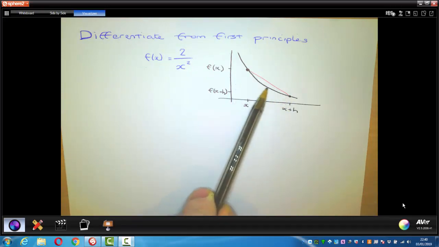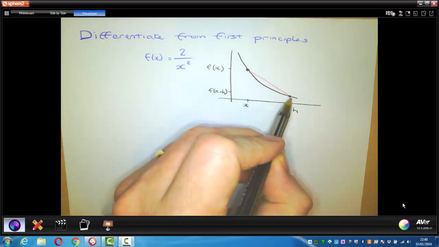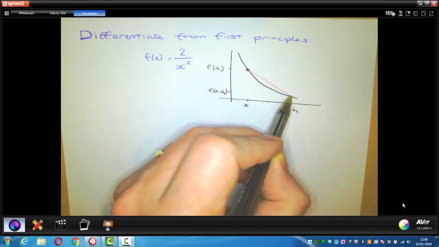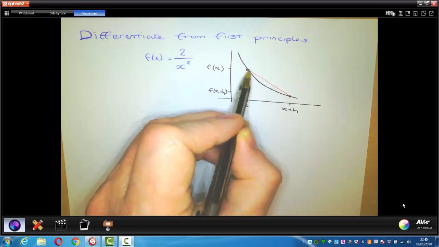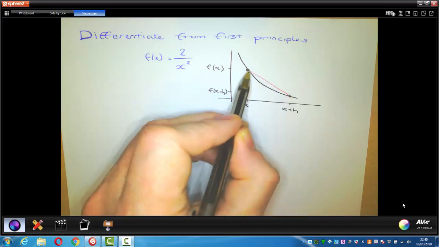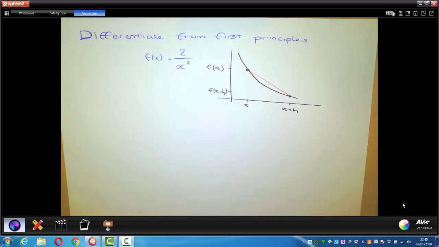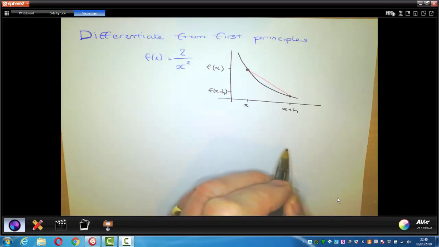As we move this point closer to x, that is, if we reduce h, you can see gradually the gradient of this line connecting the 2 points will become closer and closer to the gradient at x. And that is where our formula for differentiation from first principles comes from.